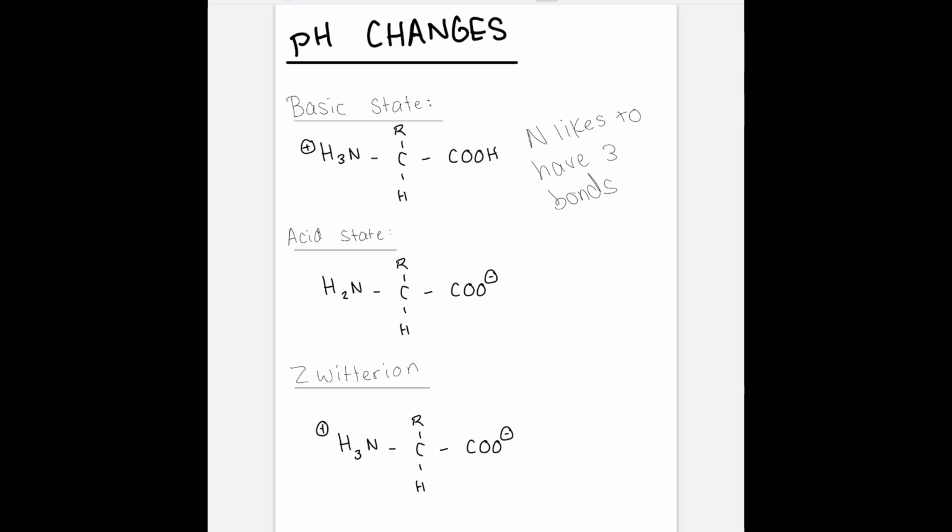Some atoms are a little less picky and have a preference but can make more or less depending on their environment. Nitrogen is one of those. So nitrogen likes to have 3 bonds. It can form 4. However, when it forms 4 bonds, it's going to have this extra positive charge written with it. Think about the plus being just like plus an extra bond.